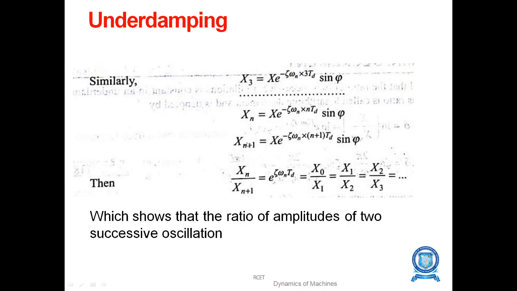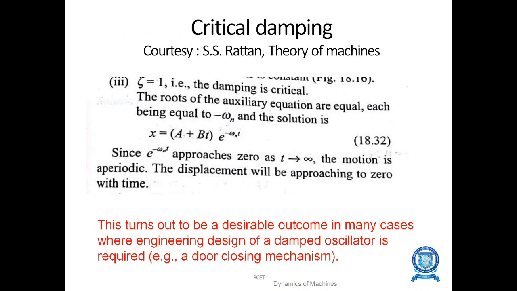For x suffix n plus 1, instead of n, substitute n plus 1. Therefore, xn by xn plus 1 becomes e power eta omega n td, which is constant, and h0 by h1 equal to h1 by h2 equal to h2 by h3. This shows the ratio of amplitudes of two successive oscillations.